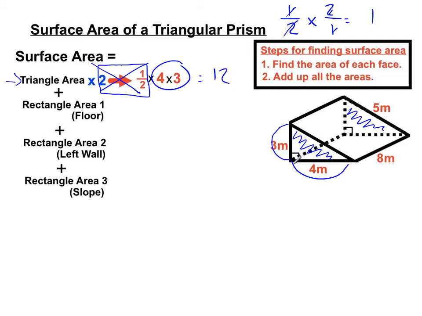Okay, now the rectangle area 1 is the floor. So the floor is 4 by 8. Okay. The rectangle area 2 is the left wall, which is this guy, and that is 3 by 8.